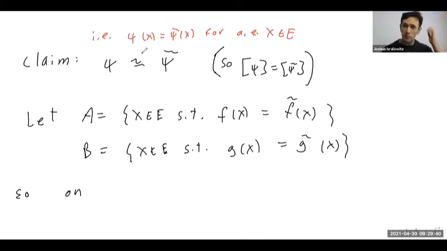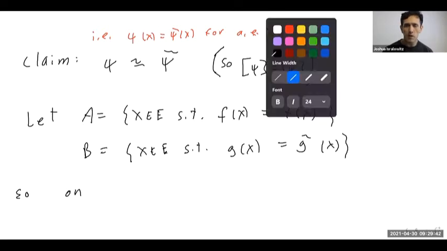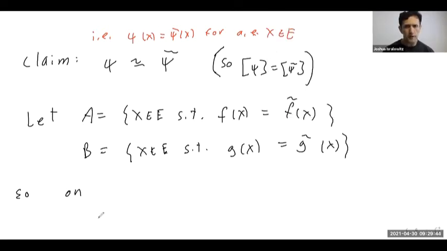That's what we need to prove. Okay. So on E, take away this set. It's the union of 4 sets of measure 0, and hence has measure 0.